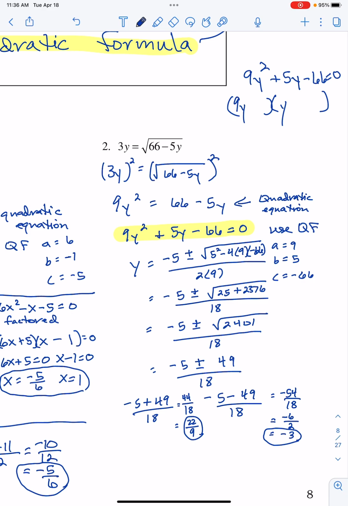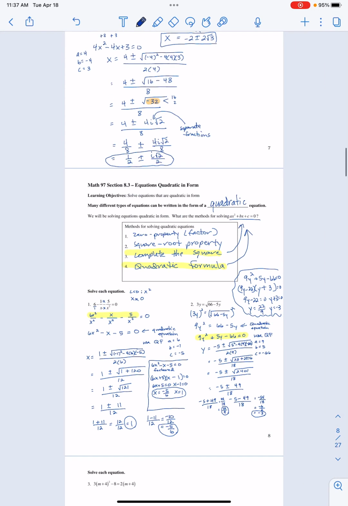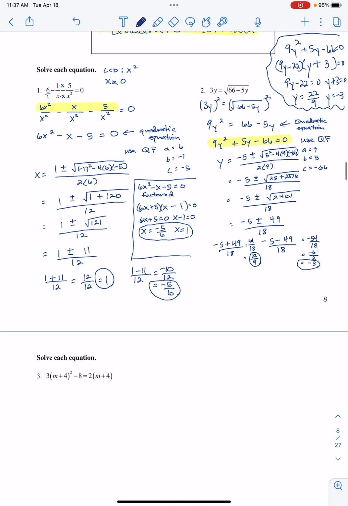And I'm going to have 22 and 3, because remember 3 can't go in with the 9. And then that would give me positive 27 minus 22 for 5. And then I can set each one equal to 0 and I can solve. And I get the same exact answers. So this is how you could have done it by factoring. But having learned new methods, if you want to go and use a different one, you absolutely can.